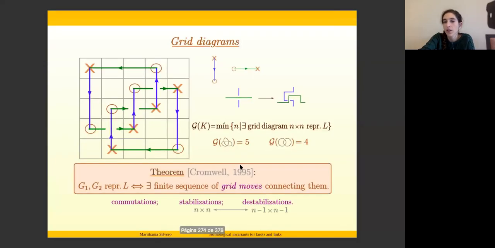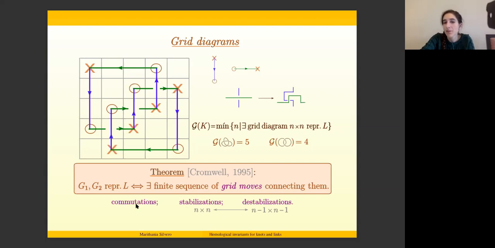And those, well, we don't go through that, but just to show you that we have this sequence similar to that of Reidemeister moves or Markov moves. So here it happens the same. If two grid diagrams represent the same link, then you can go from one to the other by a sequence of commutations, stabilizations, and destabilizations.